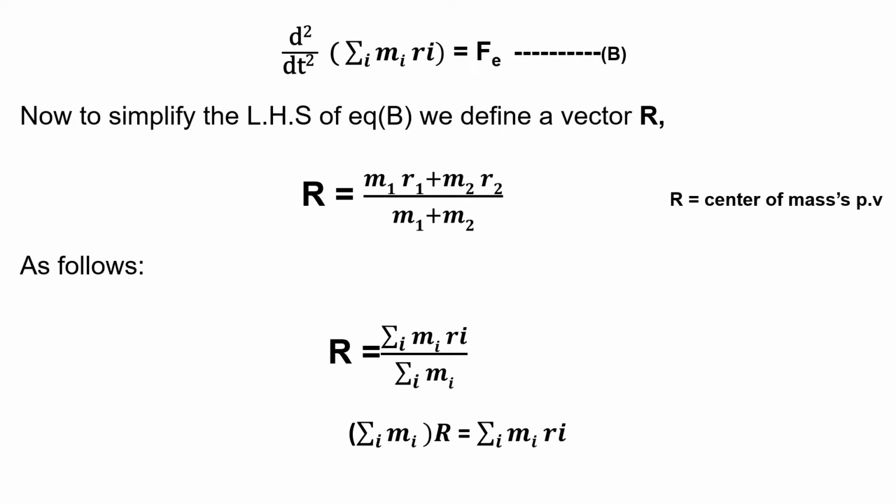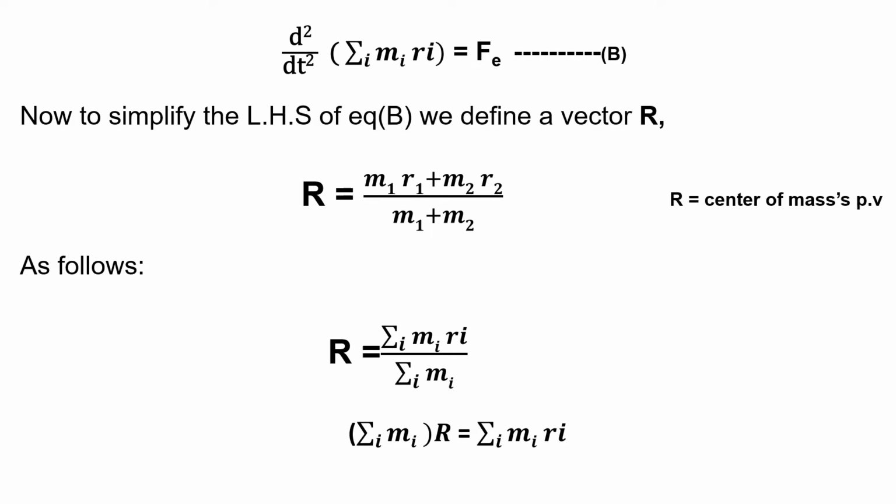So we can write capital R is equal to (m1 r1 plus m2 r2) over (m1 plus m2). That is the product of mass and position vector, plus the second mass with the position vector r2, divided by the sum of all the masses.